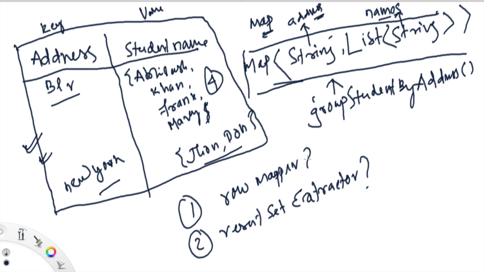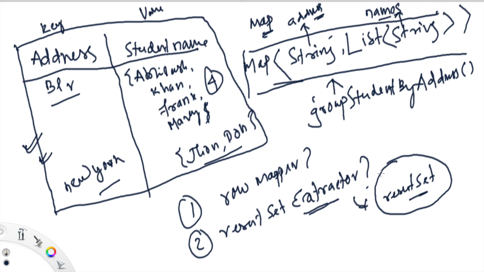I told you in the last video, if you are going to use the ResultSetExtractor, you are going to get all your records at a time. You are going to get your complete ResultSet object back. So if you get the complete ResultSet object back, then you can have access to all the records present inside your table.